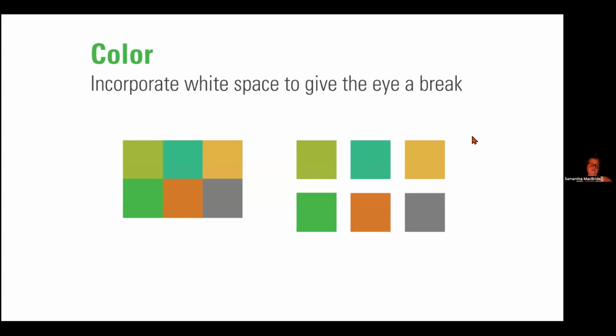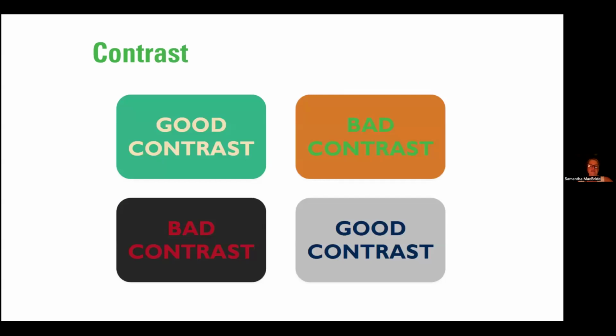Using white space is also very effective to separate out items and make them easier for the eye to look at. If you have colors that are close to one another, strangely enough, in our brains, they start to affect each other. So they will seem shimmery, they might seem kind of overwhelming. And if you separate them, that effect goes away. Contrast, this is something again that is very intuitive, right?